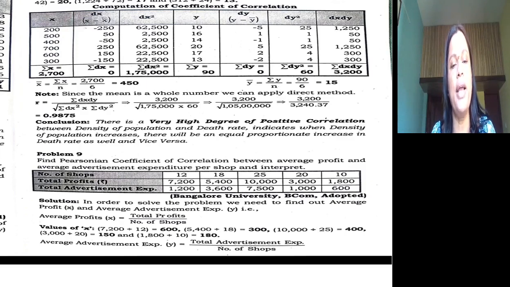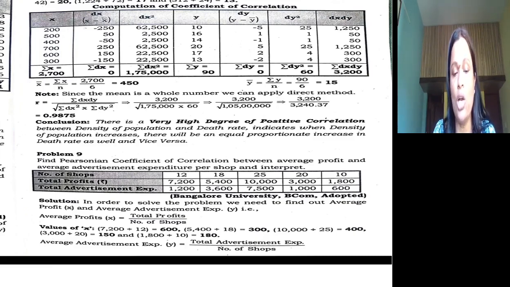So, x minus x bar and y minus y bar, symbolically represented as dx and dy. Then they multiply dx with dy. After calculating dx square and dy square, they arrived at the answer 0.9875. There is a very high degree of positive correlation between density of population and death rate. So this is all about this problem.